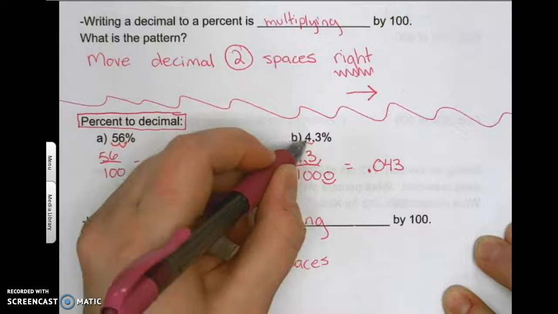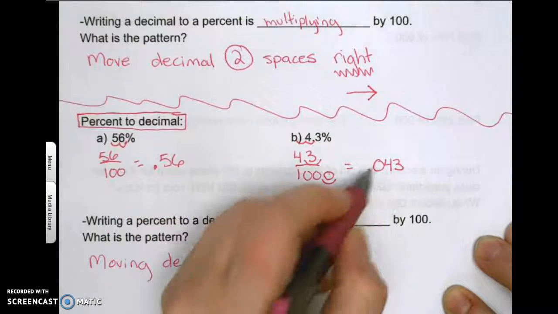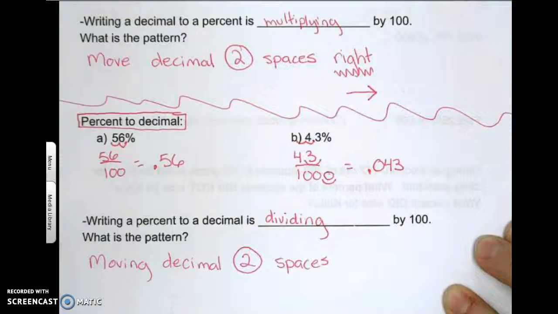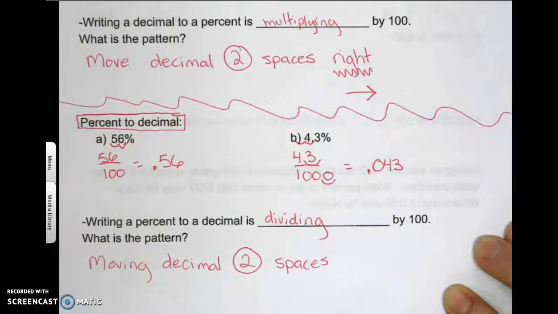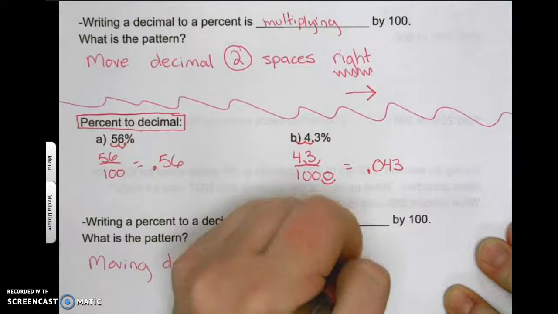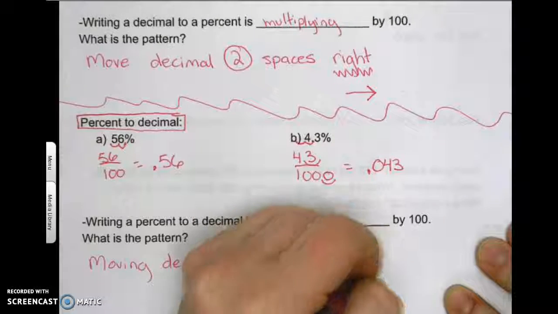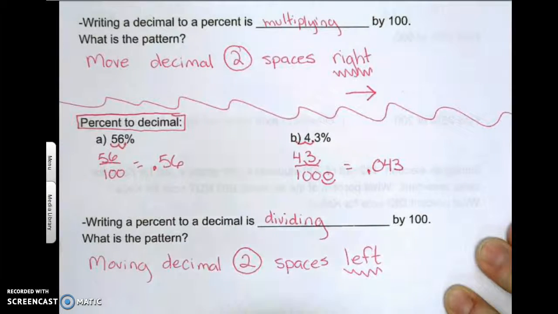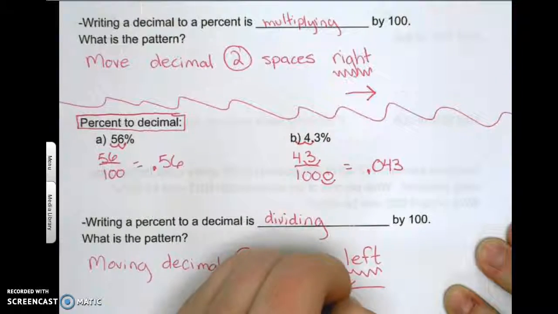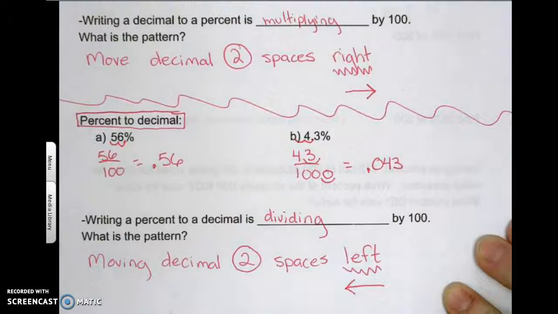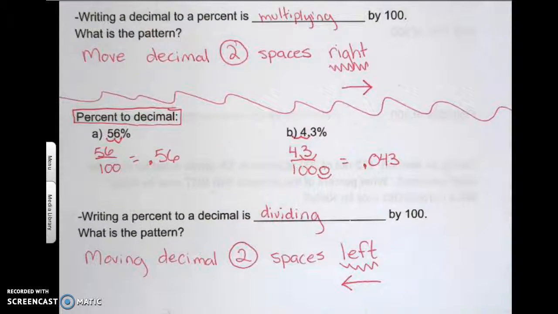Here, I'm moving it 2 spaces, which gets me to here. The only difference is now I'm moving it 2 spaces left. So I'm moving it 2 spaces this way. That's converting between percents and decimals and decimals and percents.